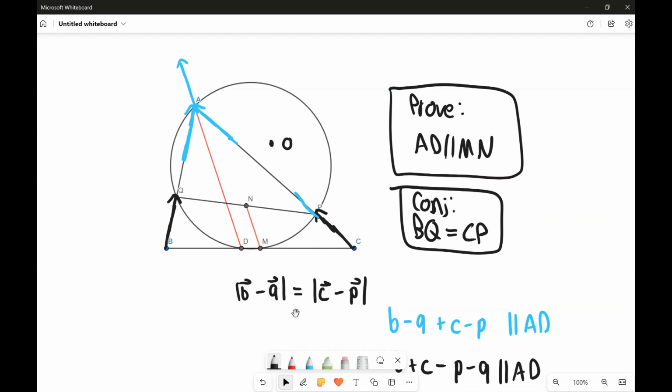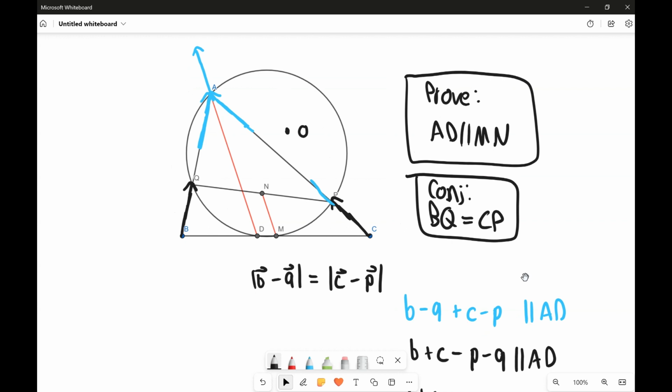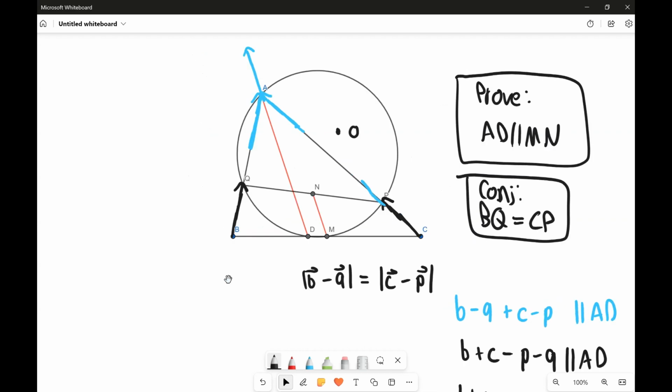And you want to somehow use the midpoints. And you can end up using these vectors, and you end up getting really nice stuff. And if you want to see another technique of how this is used and a better explanation for the motivation behind it, I highly suggest you check out my friend's video linked in the description.